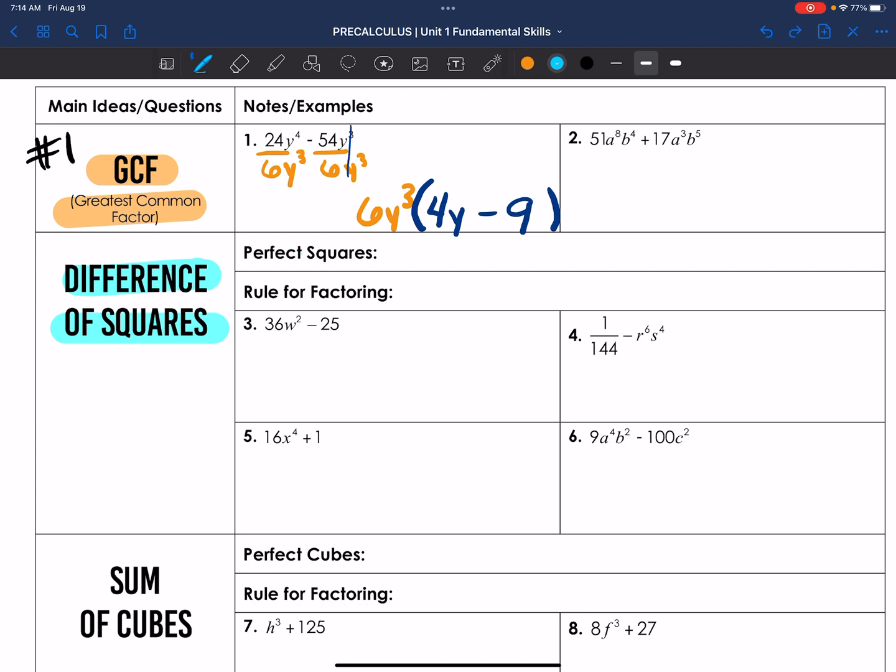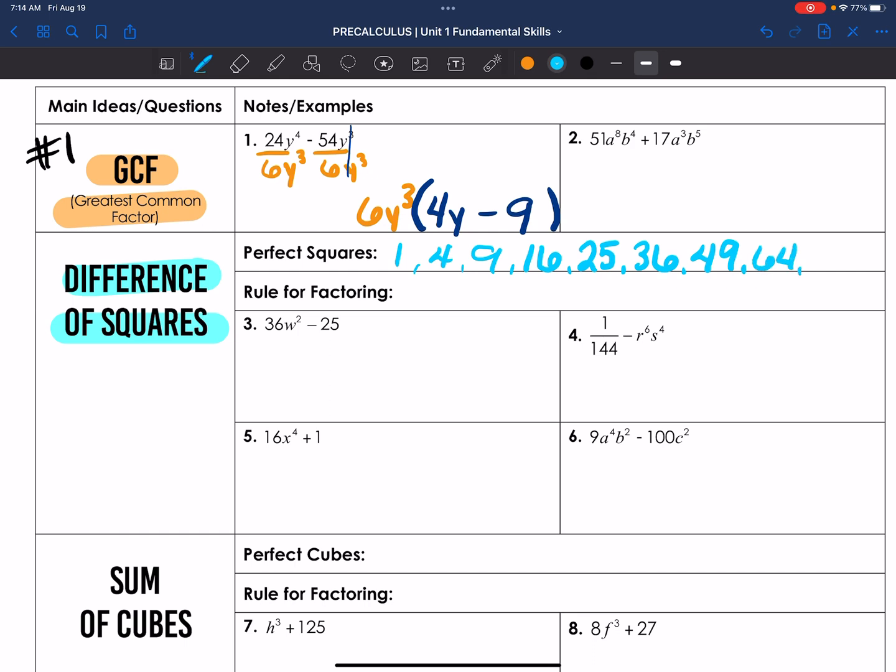Perfect squares are those numbers like the following. 1, because 1 squared is 1. 4, because 2 squared is 4. 3 squared gives us 9. 4 squared gives us 16. 5 squared is 25. 6 squared is 36. And then 49, right? Are these coming back to you?